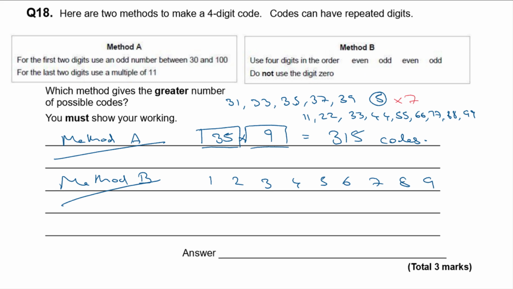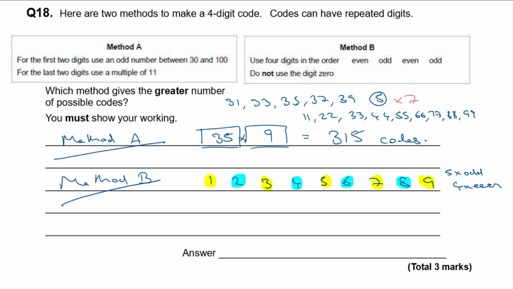Can't use 0. So there are 5 odd numbers and 4 even numbers.